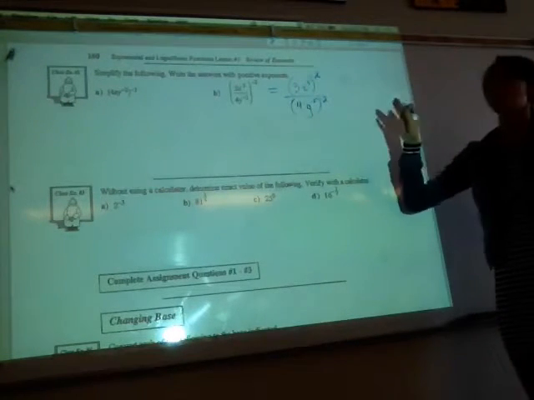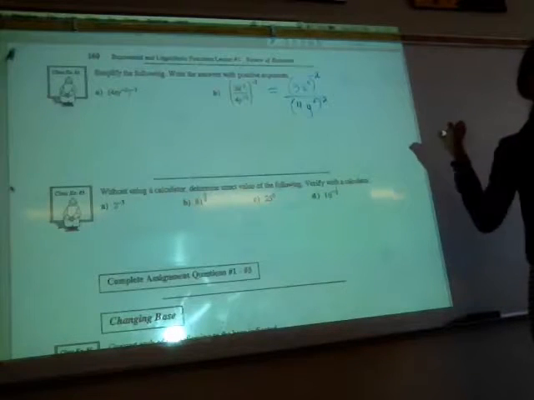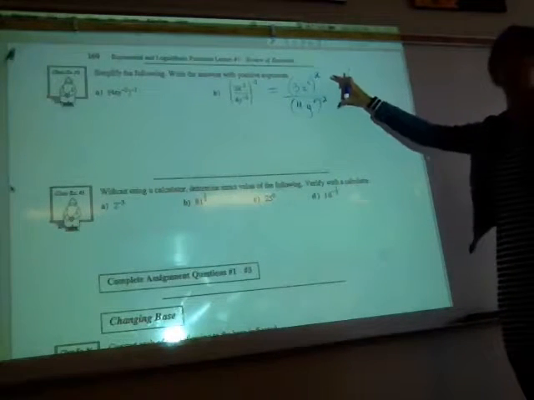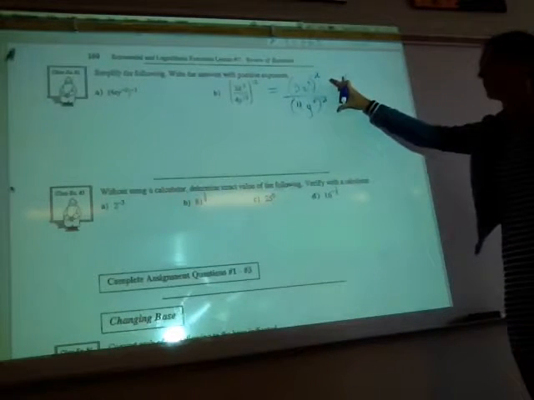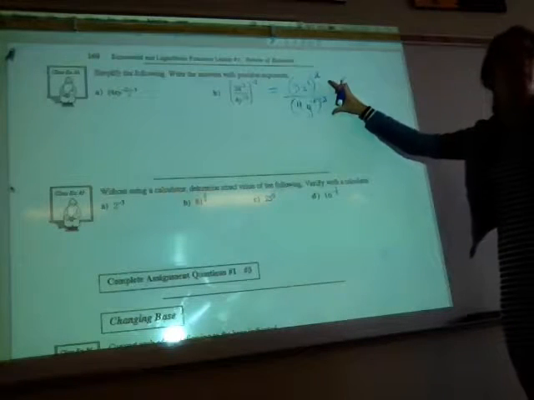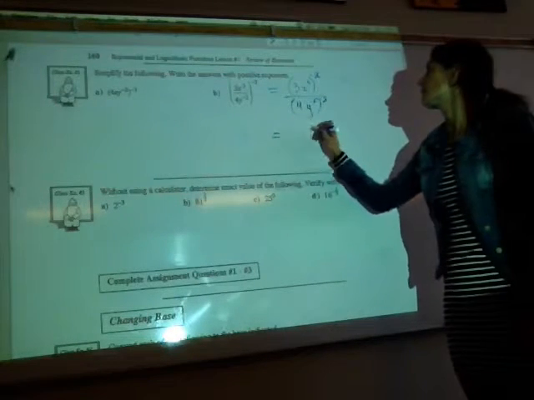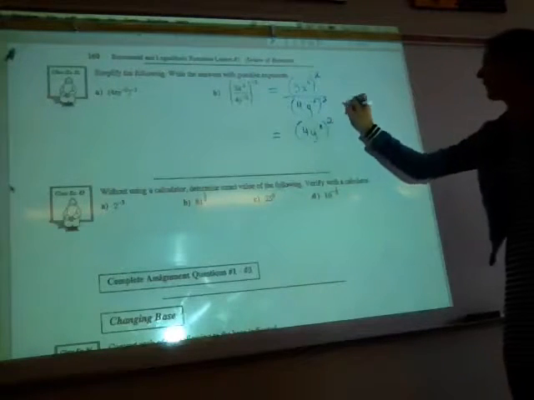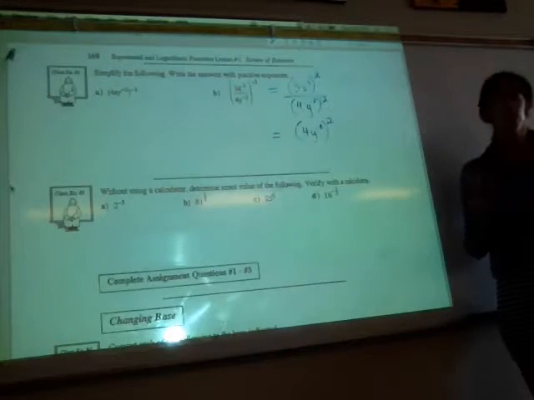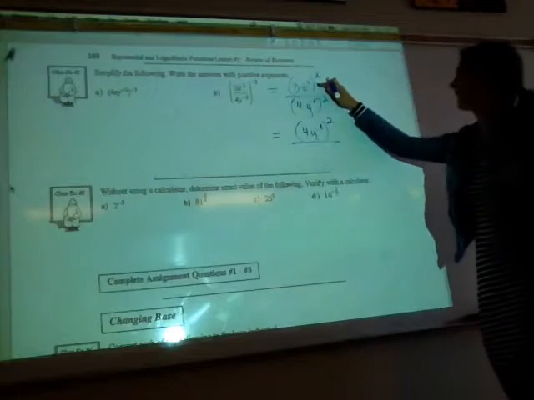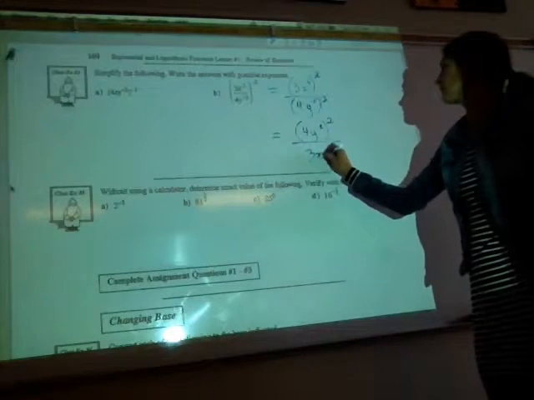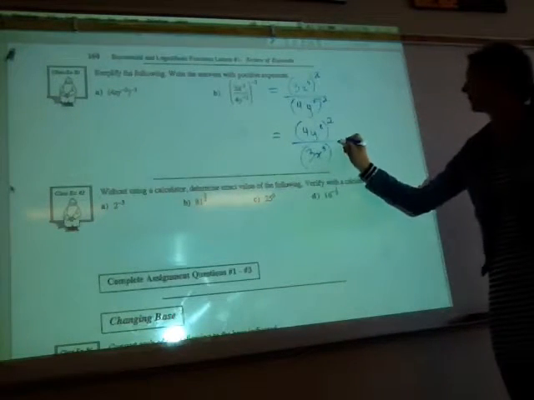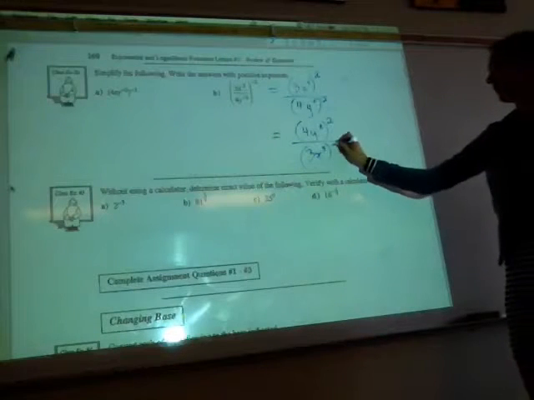Seeing it individually, you can probably see now that if I just flip them, the exponents will be positive. Can you see that? So 4y to the power of negative 2 will go to the numerator, and now it's to the power of positive 2. And then 3x cubed will go to the denominator, and the negative 2 exponent will now be positive 2.